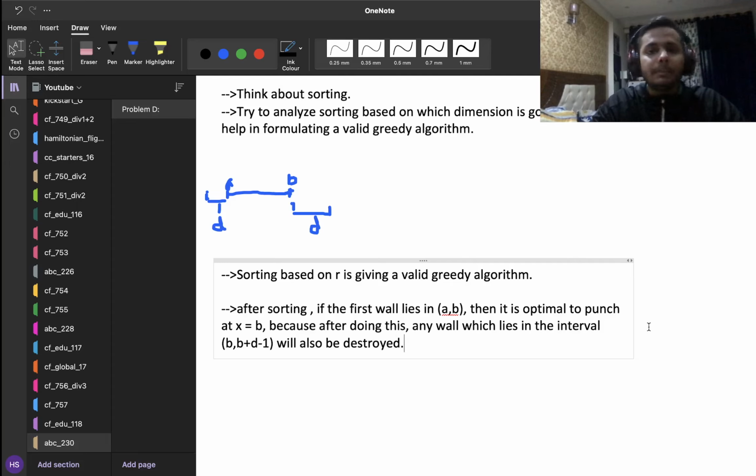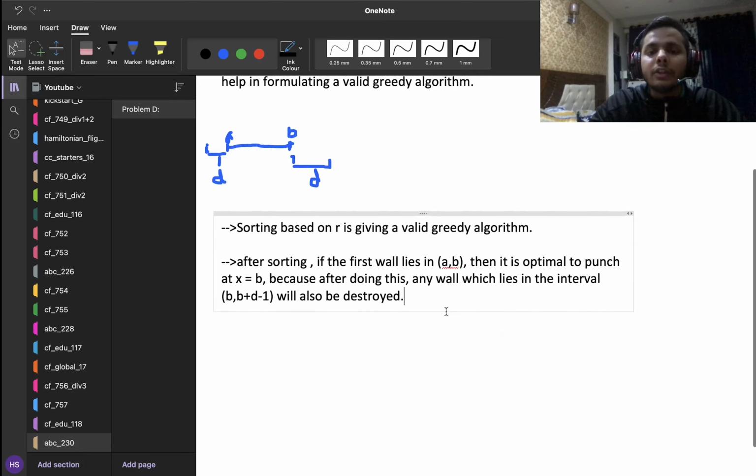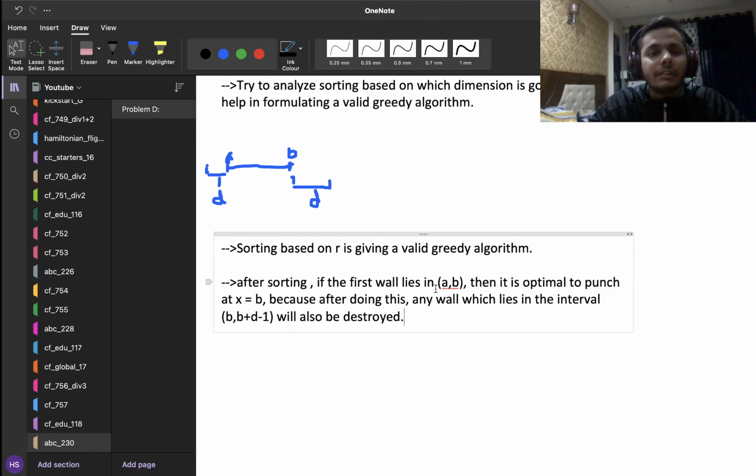And you can just keep repeating this process and get done with the solution, and you'll be sure that this greedy algorithm will give correct results.